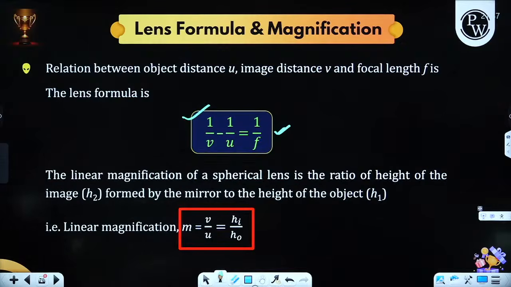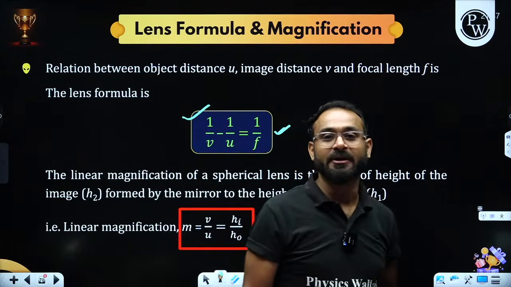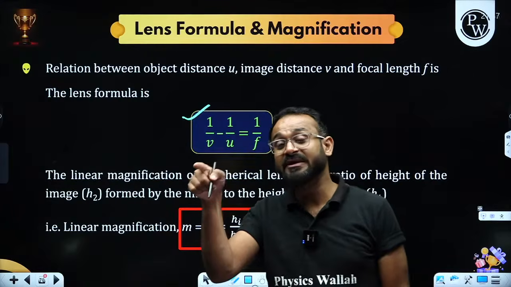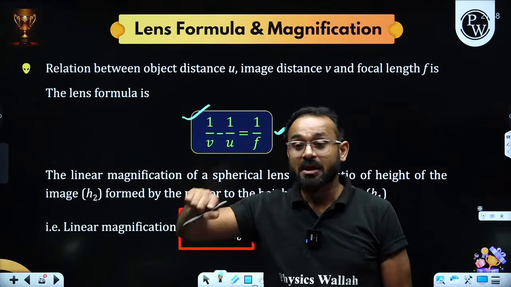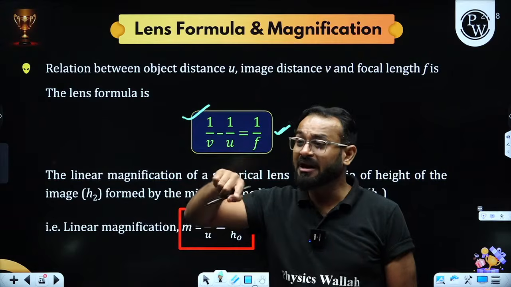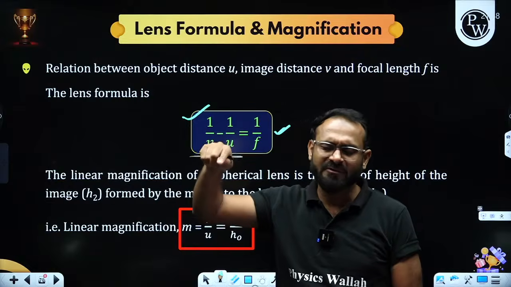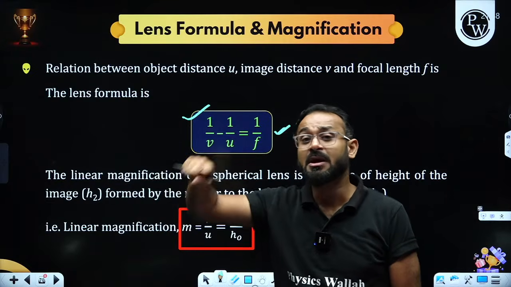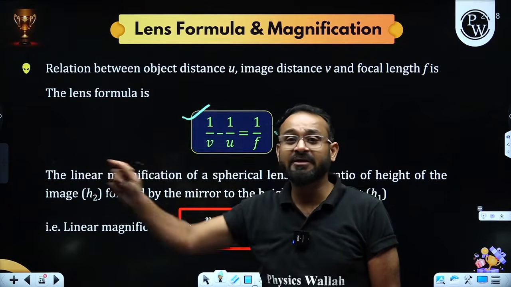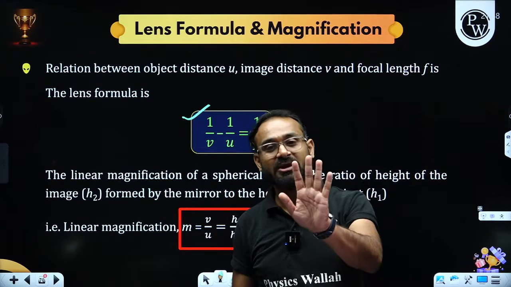So do all the lenses give a real inverted image? I am talking about convex lens. There are 5 cases that we have studied so far, and that too in convex lens. Convex lens at focus and after focus, between center of curvature and focus, at center of curvature, beyond center of curvature, at infinity, all 5 cases will give you a real inverted image.